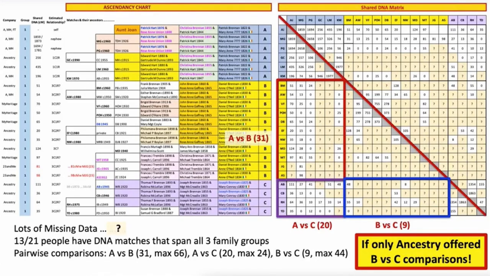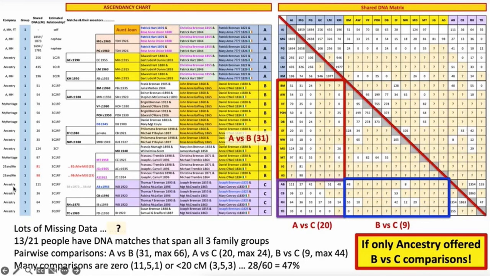So immediately you can see that my analysis is going to be severely limited and restricted by the lack of DNA data for a lot of these pairwise comparisons. And again, if only Ancestry offered these B versus C comparisons, we would have this data, because most of the matches are from Ancestry.